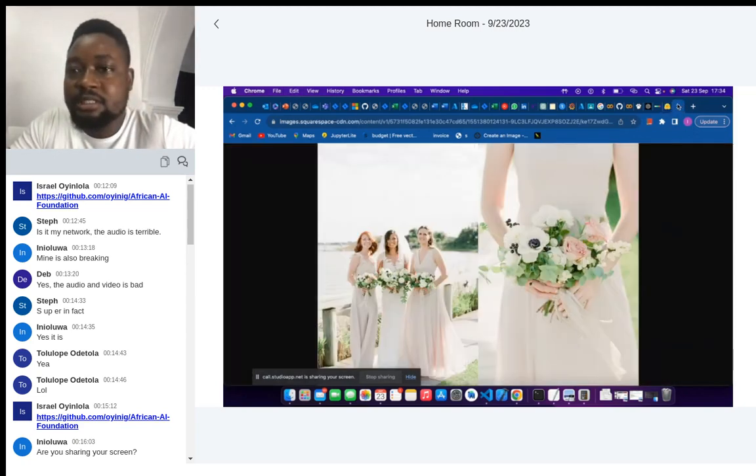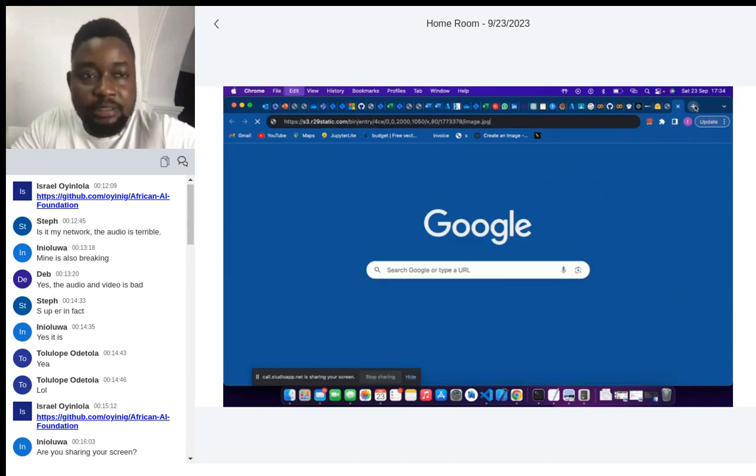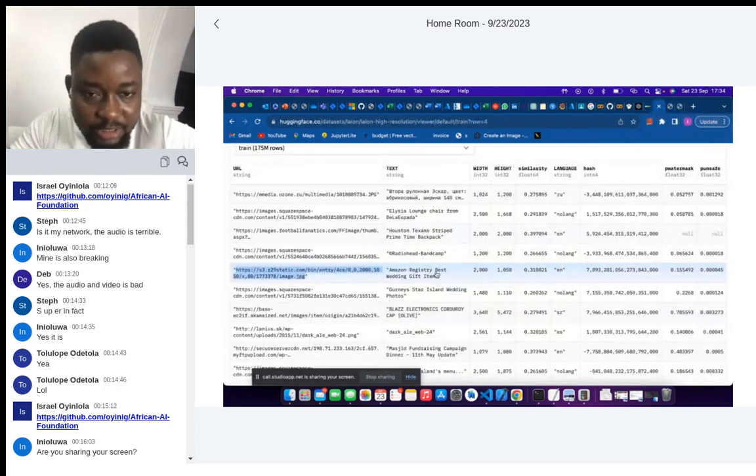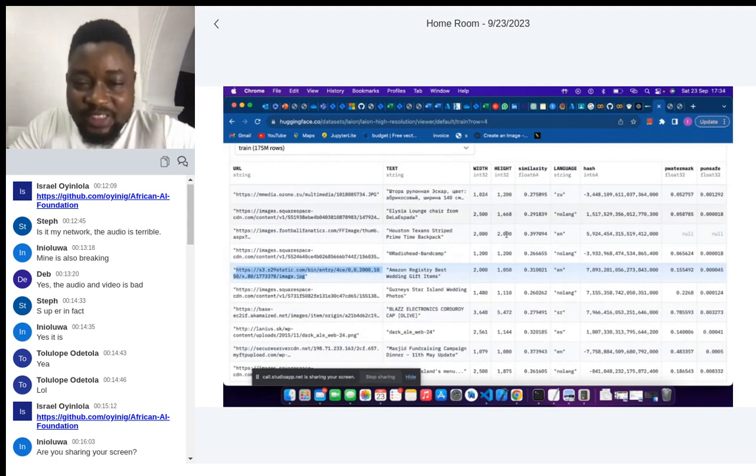So these are the images Stable Diffusion is trained on, right? So mixed and mixes. Okay, so they say it's a registry, what? Amazon registry best wedding gift items.